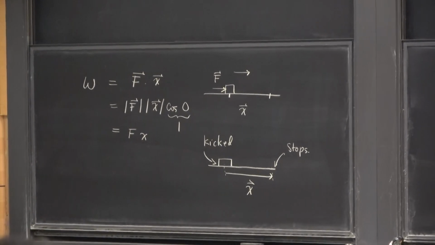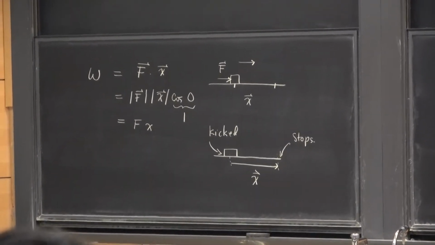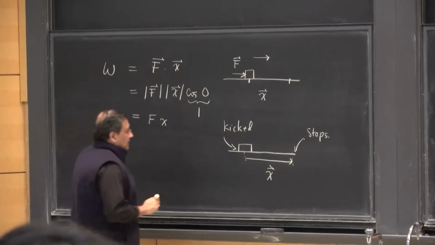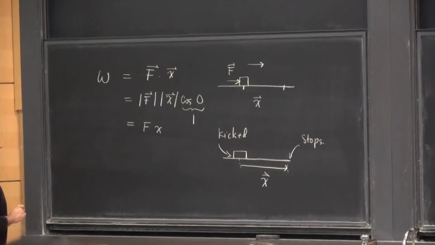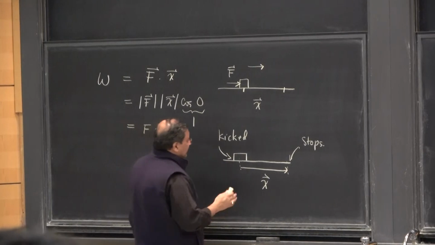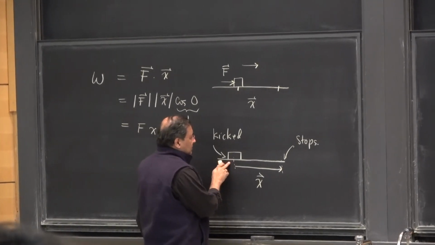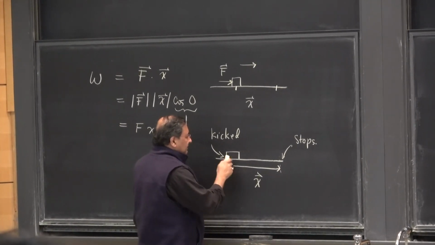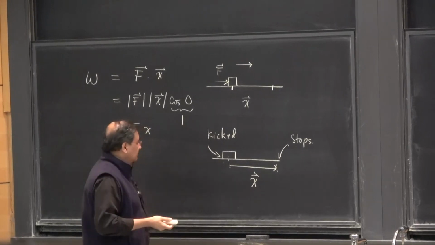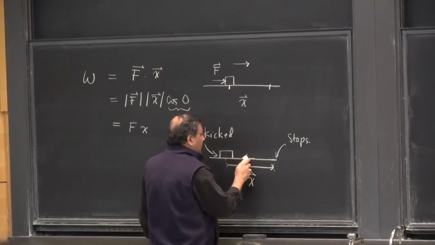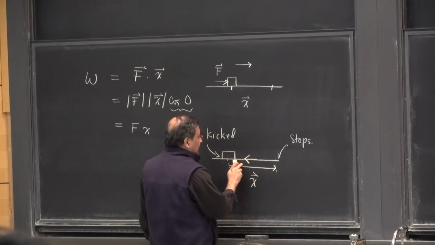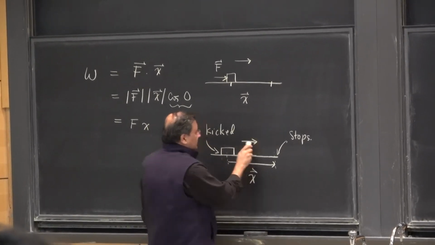So we can study a problem like this. I've given it a kick, and basically what happens is that it started moving initially, and then the friction force essentially kills the motion. So as it moves, the friction force is the only force that's working on it. That will be opposite to the direction of motion, which is left to right.